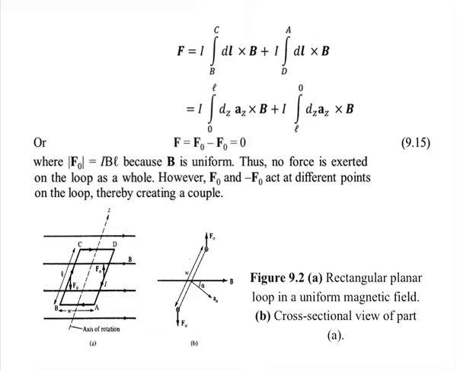That is, F0 on BC and F0 on DA are equal and opposite. Thus, no force is exerted on the loop as a whole. However, F0 and -F0 act at different points on the loop, and thus create a couple.